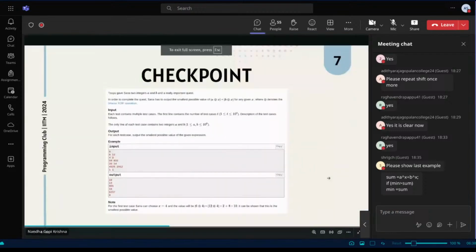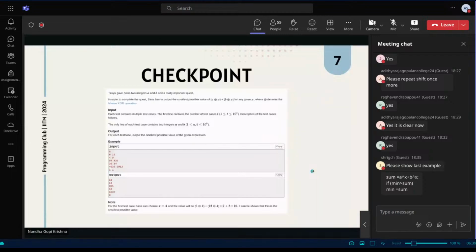I hope the numbers are clear. And if not, I'll read it out. Answer for 6, 12 is 10. Answer for 4, 9 is 13. Answer for 59, 832 is 891. Answer for 28, 14 is 18. Answer for 4925, 2912 is 6237. Answer for 1, 1 is 0.